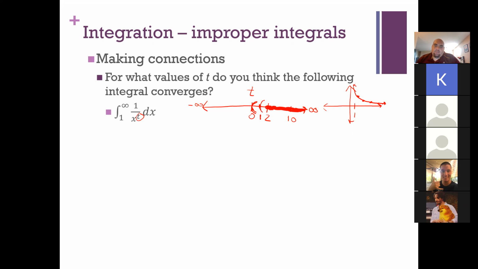Wait, so 1 doesn't work for what? That's a good point, I'm not being all that clear. All of this filled in red here are the values of t where the integral converges.